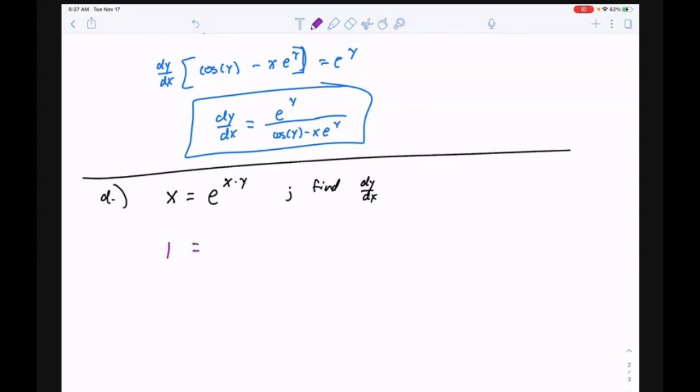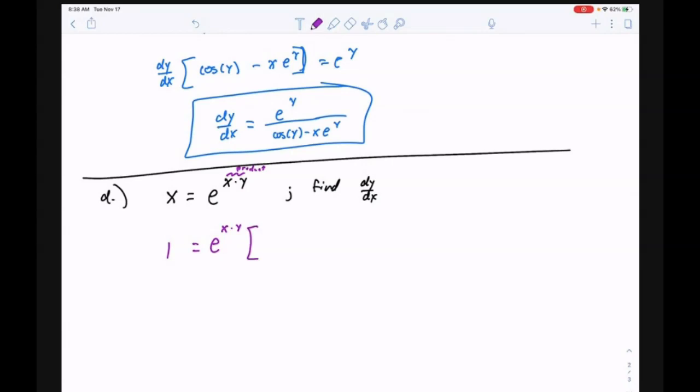Isn't it going to be equals e to the x times y times dy dx? Or no? It's x times y. Oh, that's the product.